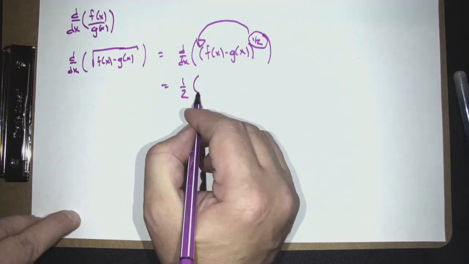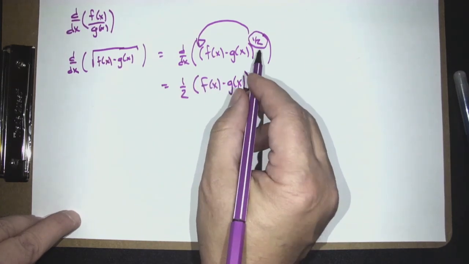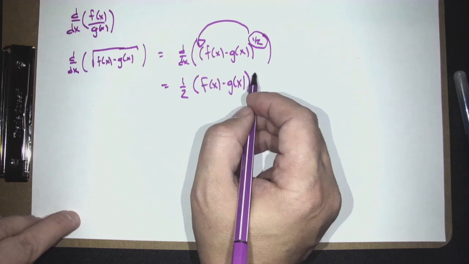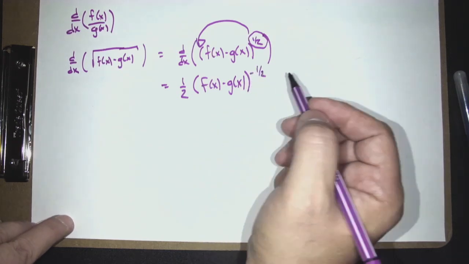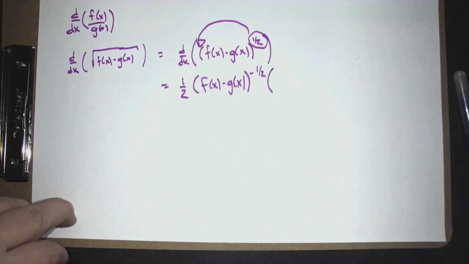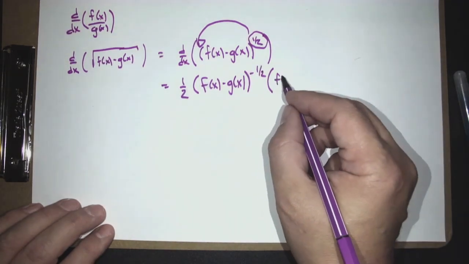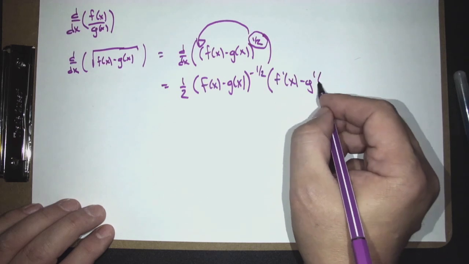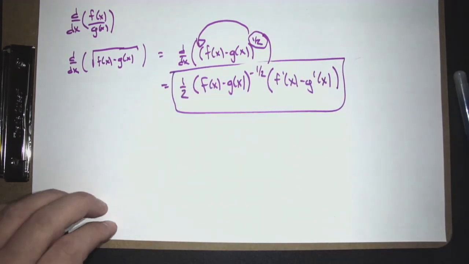Comes down. f of x minus g of x, the inside stays the same. What's the new power? Negative 1/2. 1/2 minus 1. Times f prime of x minus g prime of x. And there we go.